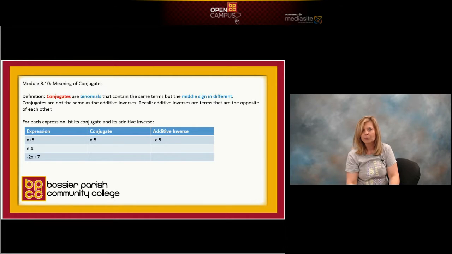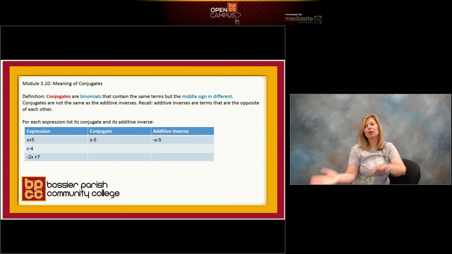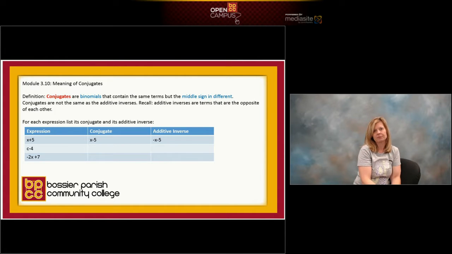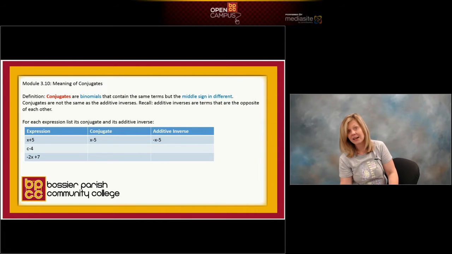Now here's the problem. You think you've just made the opposite, the additive inverse, and you're wrong. You did not. Because if we go back to our previous lesson, if I give you the binomial x plus 5 and I ask for the additive inverse, I'm asking you for the opposite of both terms, not just the middle. And we all know the opposite of x would be negative x.